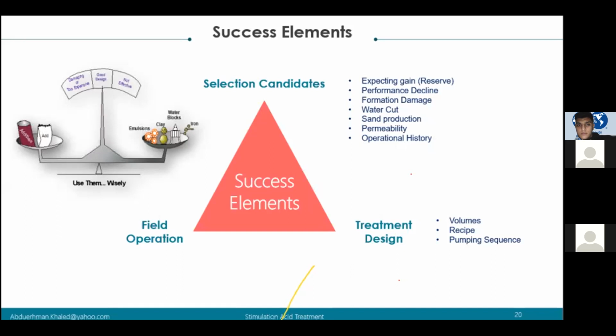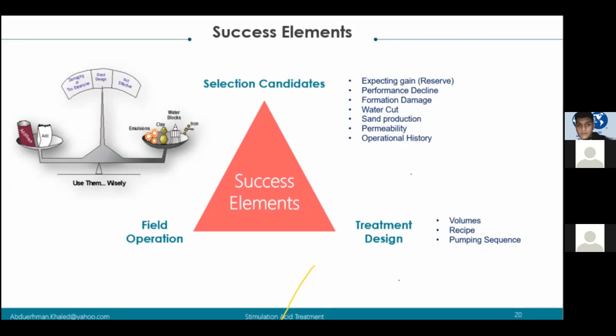It's important to know there are different corrosion inhibitors with different acid types. For example, there is a corrosion inhibitor for HCl and a different one for HF, and another one that works for organic acid. And you may ask, what's the best one that can be used? Actually, it is by doing a corrosion test. So that's why the corrosion test is quite essential.